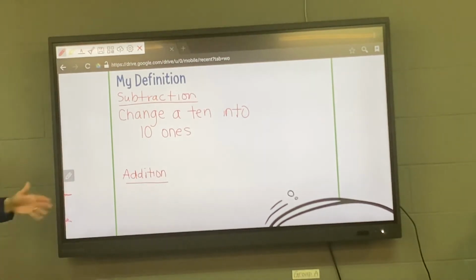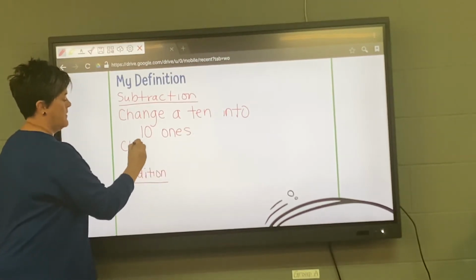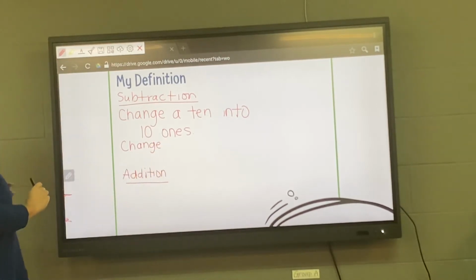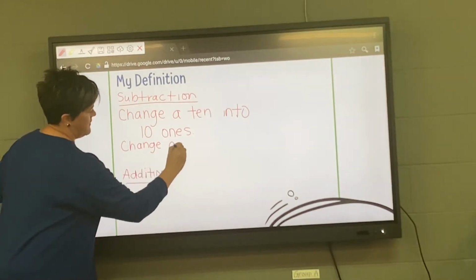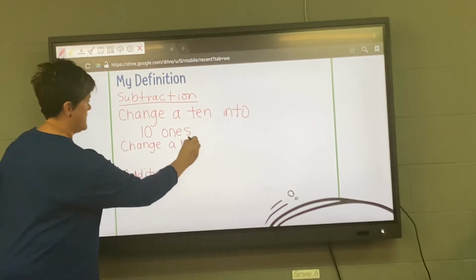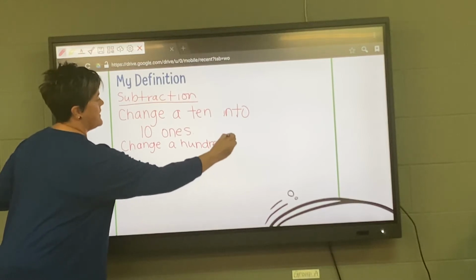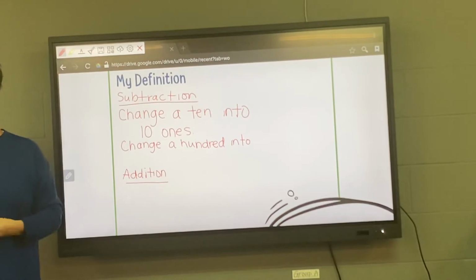But we can also change 100. Change 100. If we have 100, how many tens could we break that into?